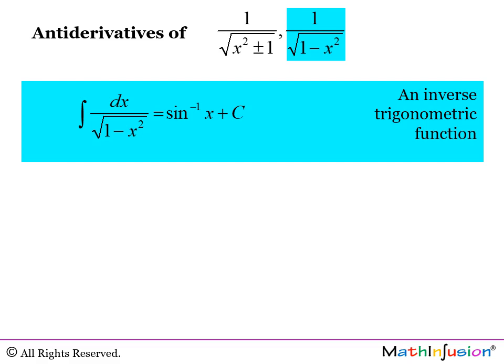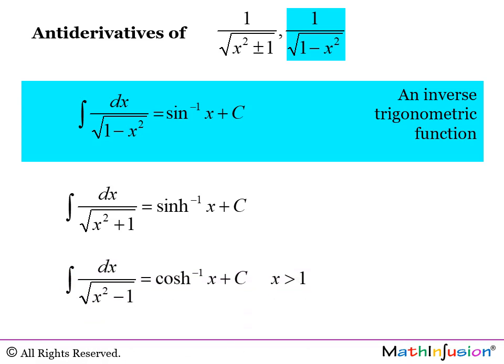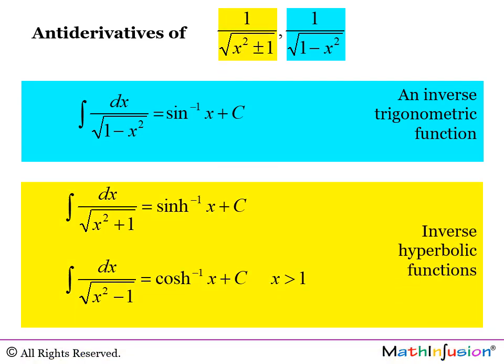And the integral of dx over square root of x to the power of 2 plus 1 is the inverse sine hyperbolic x plus c. It's really very confusing. The integral of dx over square root of x to the power of 2 minus 1 is the inverse cosine hyperbolic x plus c, and this is true again only when x is greater than 1.